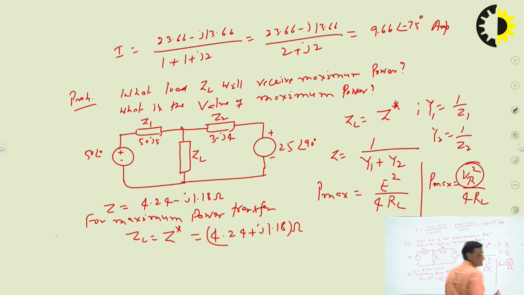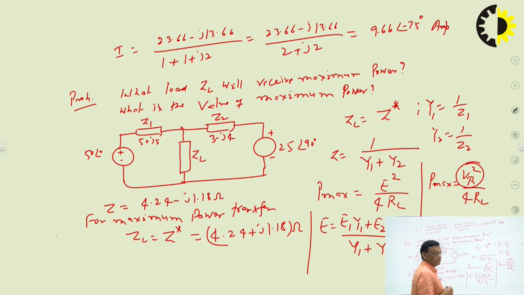This is the voltage across the terminals of the network. E can be obtained, and E is equal to E1 Y1 plus E2 Y2 upon Y1 plus Y2.